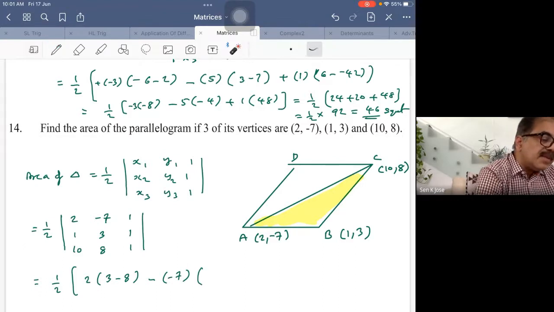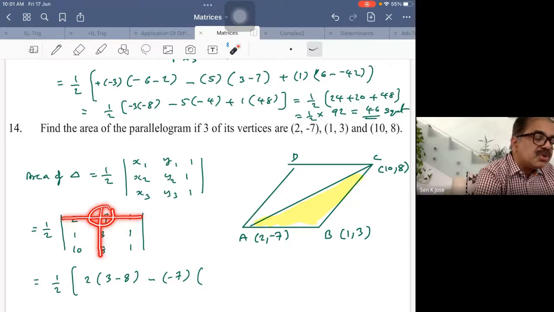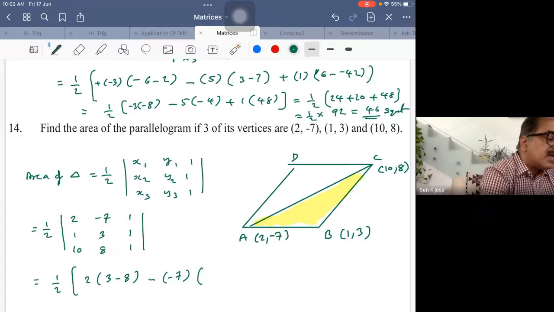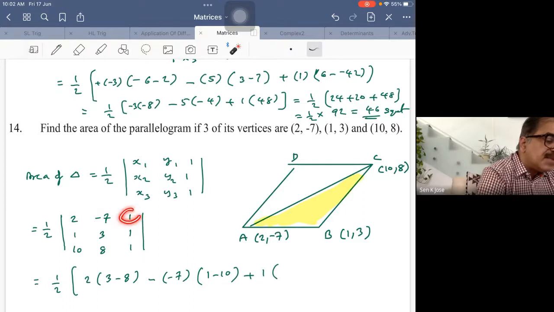I know the element minus 7, delete the row and the column it belongs to, cross multiply the remaining, 1 into 1 minus 10. Plus 1 into its minor. That's the element 1. Delete the row and the column it contains, cross multiply. You will get 8 minus 30.